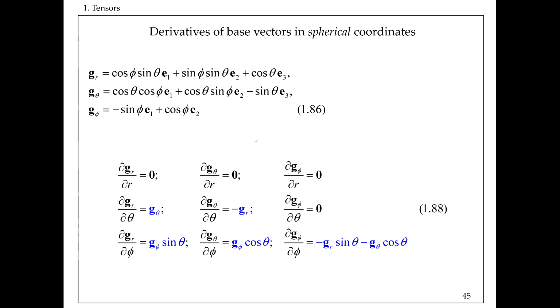Another important point to remember, which is not obvious until you start thinking about it, is that the base vectors that define the position of the quantity in our new coordinate system, either cylindrical, spherical, or curvilinear, actually do depend on the coordinate, on the position. This is important to take into account, especially when you start taking derivatives, because then there will be some things that are not zero.